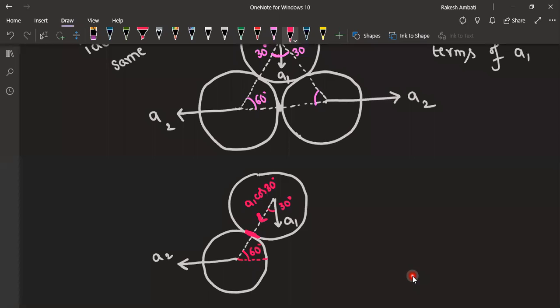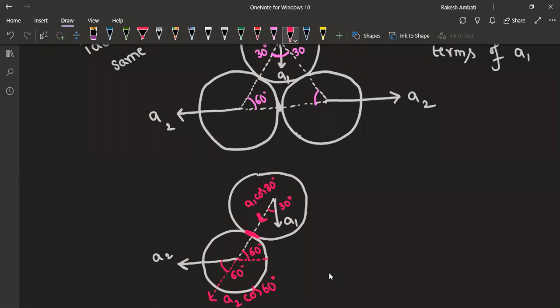Then this acceleration A2 resolves into components. This component of acceleration is A2 cos 60 degrees.